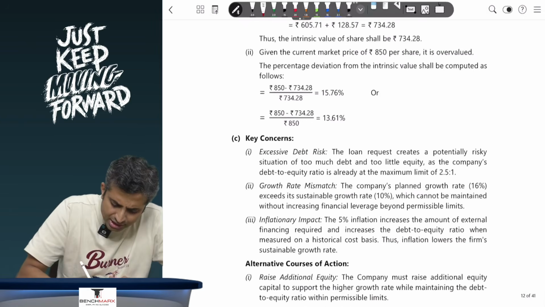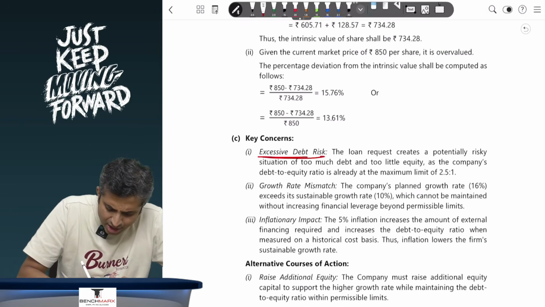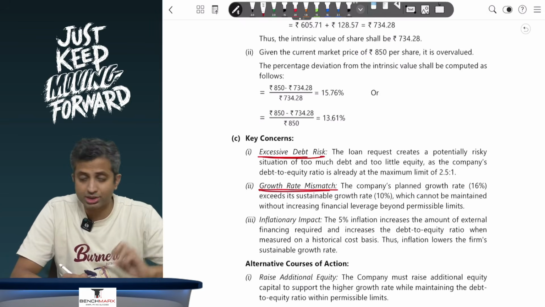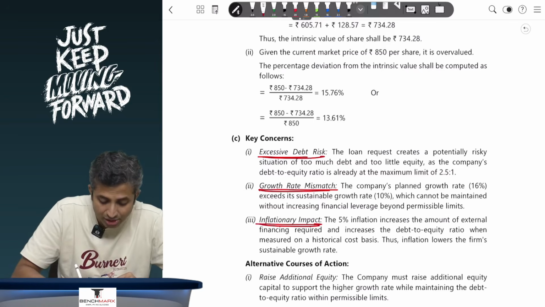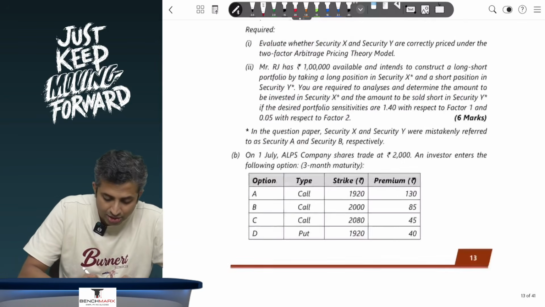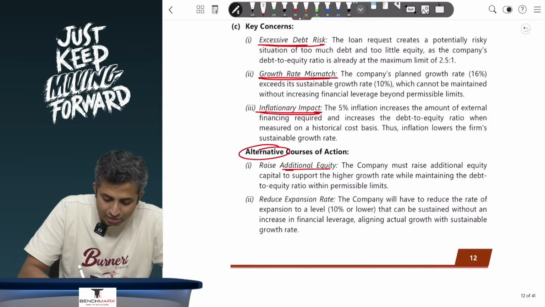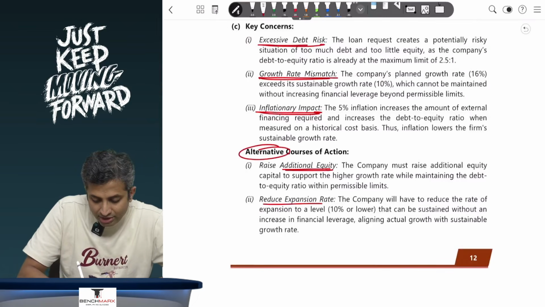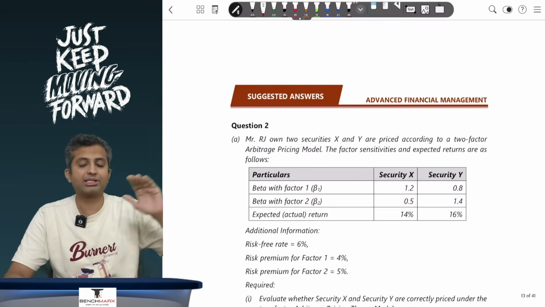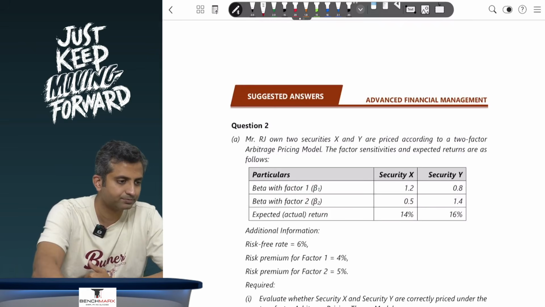So the key concerns is excessive debt risk. There's a growth rate mismatch between the internal sustainable growth rate versus what you are aspiring for, and the inflationary impact should also be considered. So these are our key concerns. Secondly, the alternative courses, we can raise funds through additional equity or reduce our expansion rate to a level of 10%, which we can manage. So that takes care of question number 1.